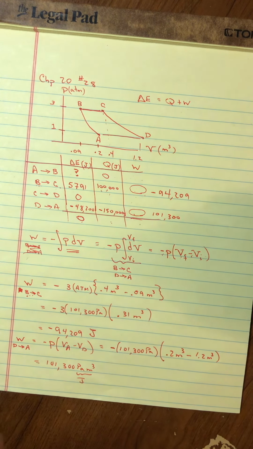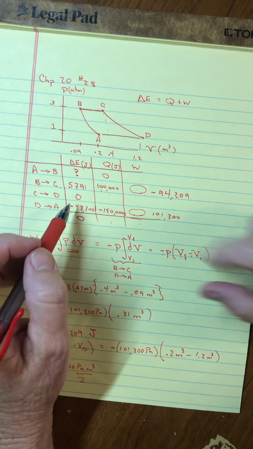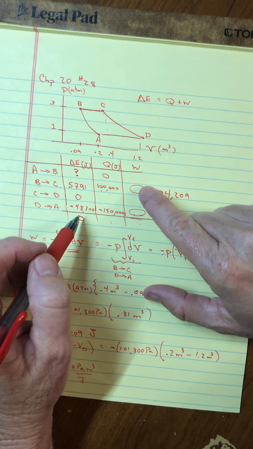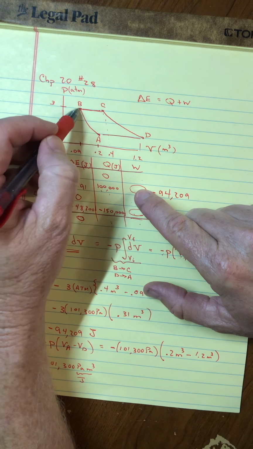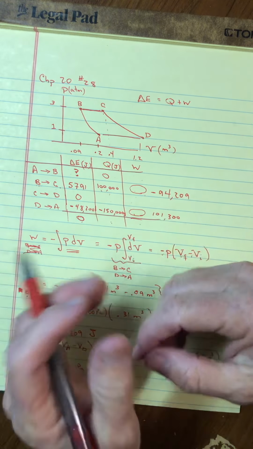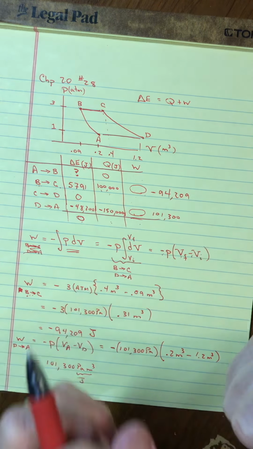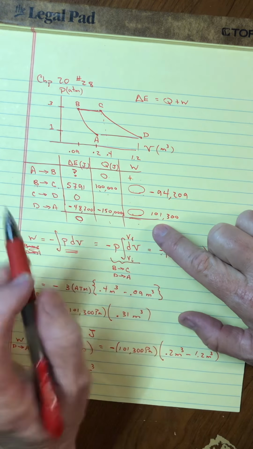All right. Well, finally, we can answer this, but I'm going to make one more comment before we finish up here. And that is, if you'll notice, from A to B, the gas is getting smaller. The gas is getting compressed. That means this is a positive number. Now remember, these two add up to that.